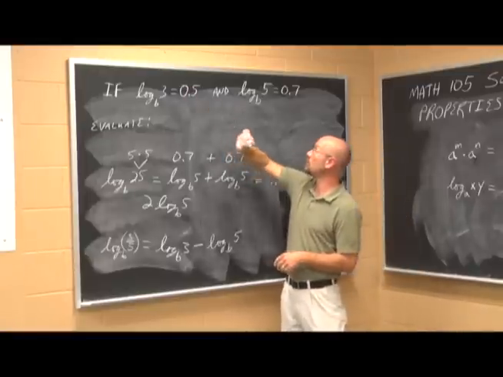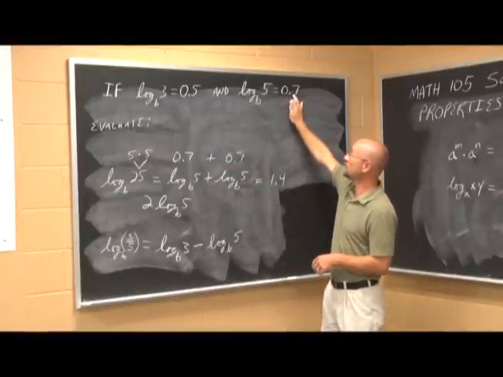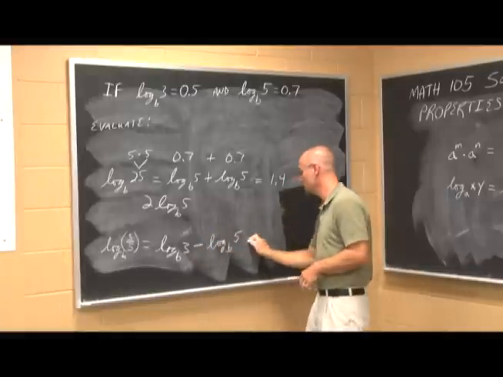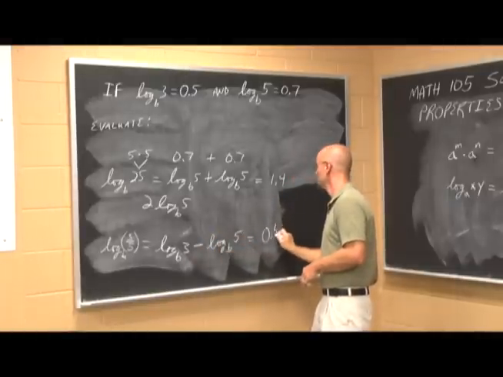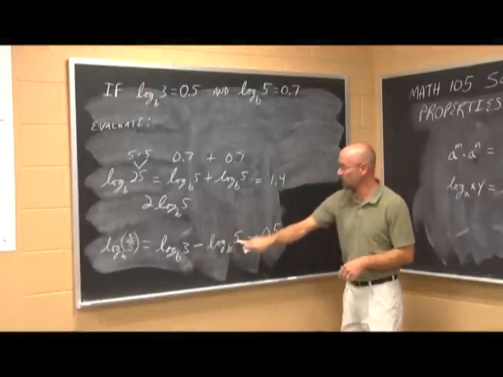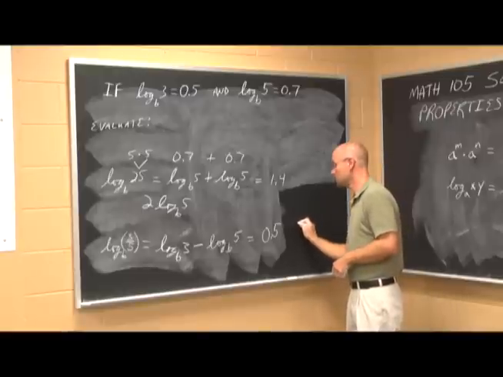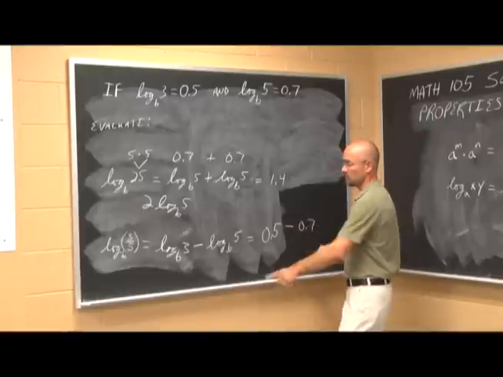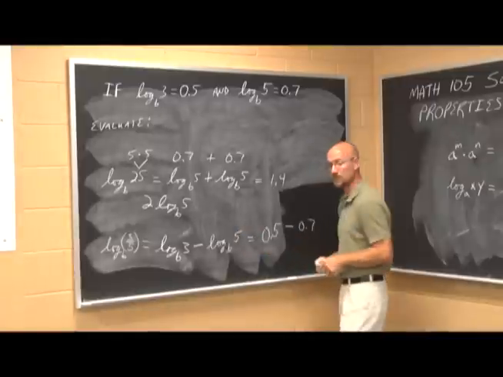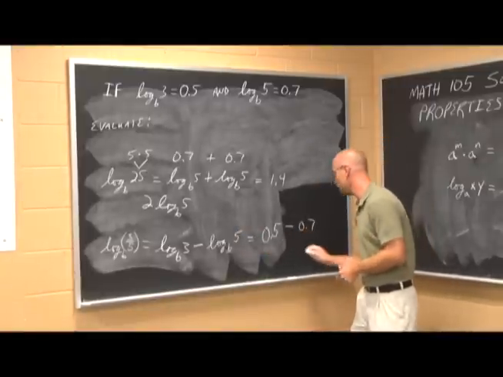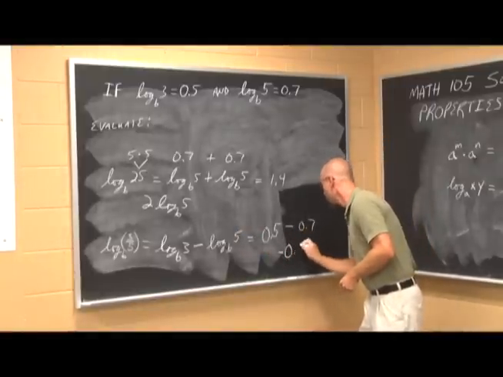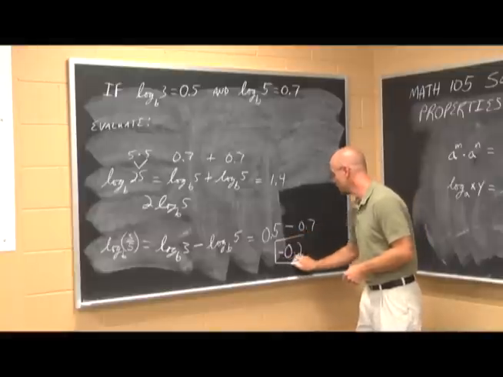We have 0.5 and 0.7. Log base b of 3 is 0.5, and log base b of 5 is 0.7. And we're just going to subtract these two values. That's what it says here. So 0.5 minus 0.7 is negative 0.2.